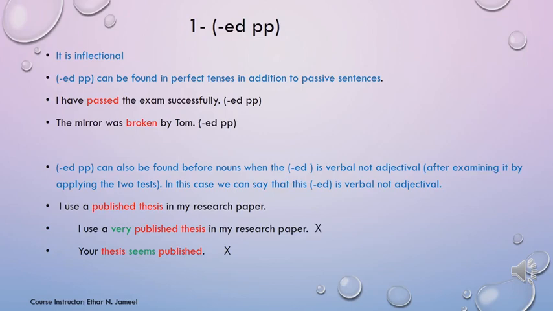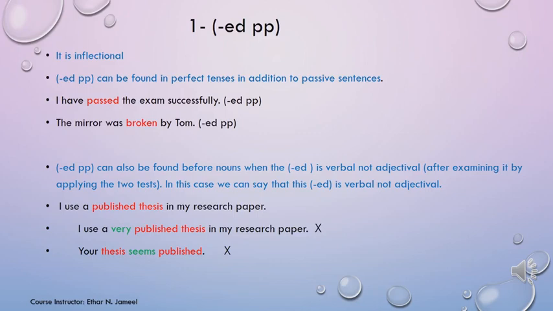In addition to passive and perfect sentences, we can find -ed past participle before nouns. We know that before a noun is the position of an adjective. So the -ed form before a noun is going to be an adjective. However, if the -ed form is not an adjective, it means that the -ed is -ed past participle.